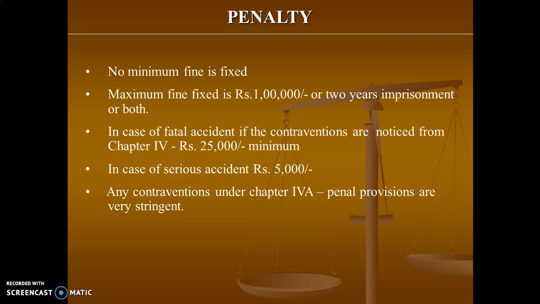That is, for any contravention of any of the chapters or sections, whether by the occupier, the worker or the manager, these penalties will be imposed. In case of a serious accident, it is 5,000. For any contravention of the chapters given in the Factories Act, the punishment or amount of fine will be imposed accordingly.